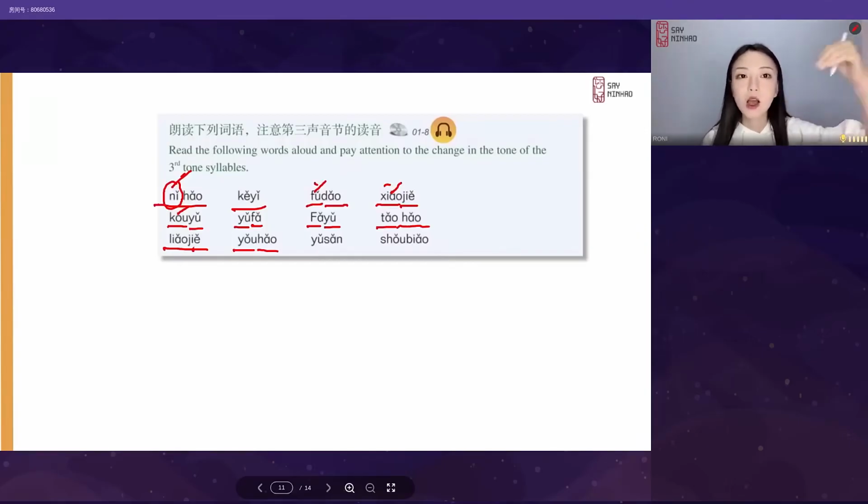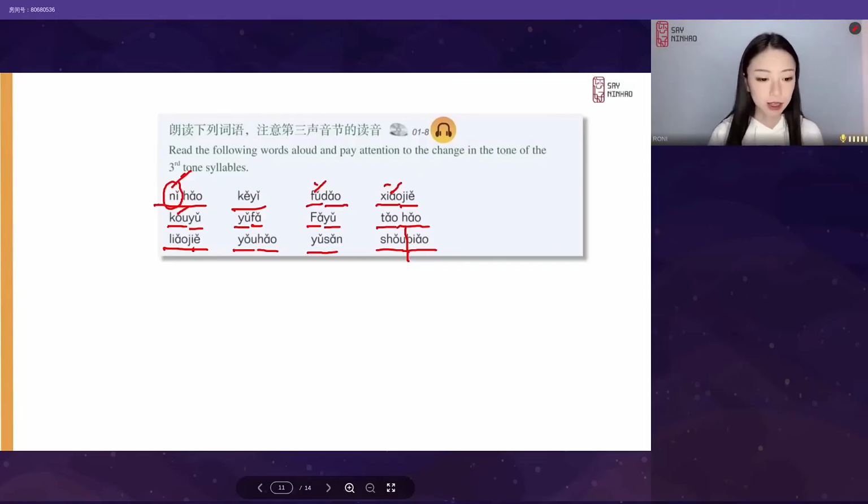Read after me. 友好. Next one, 雨伞. So we should change 雨 into second tone, so it becomes 雨伞. Read after me. 雨伞. Last one, try to read it by yourself. It is 手表. So the correct pronunciation of it is 手表. Very good.